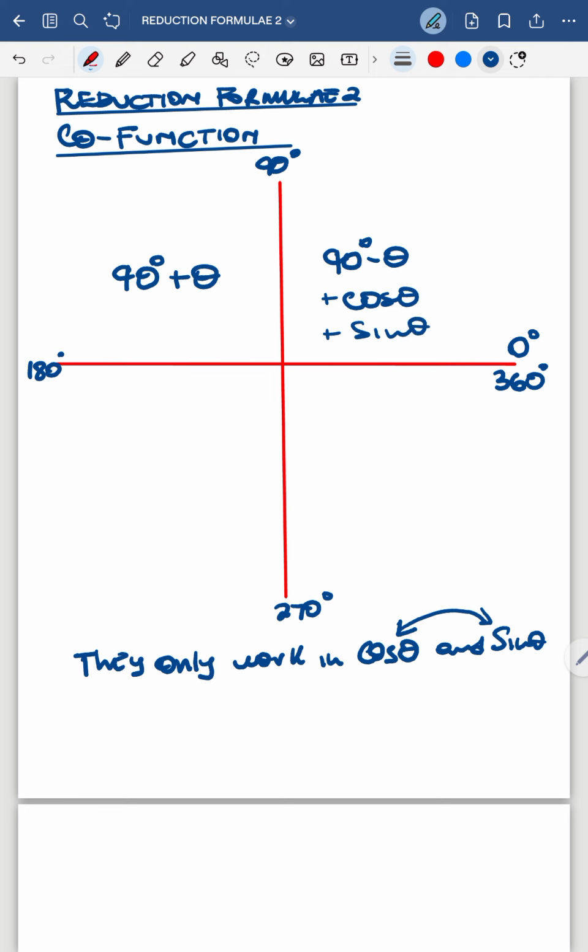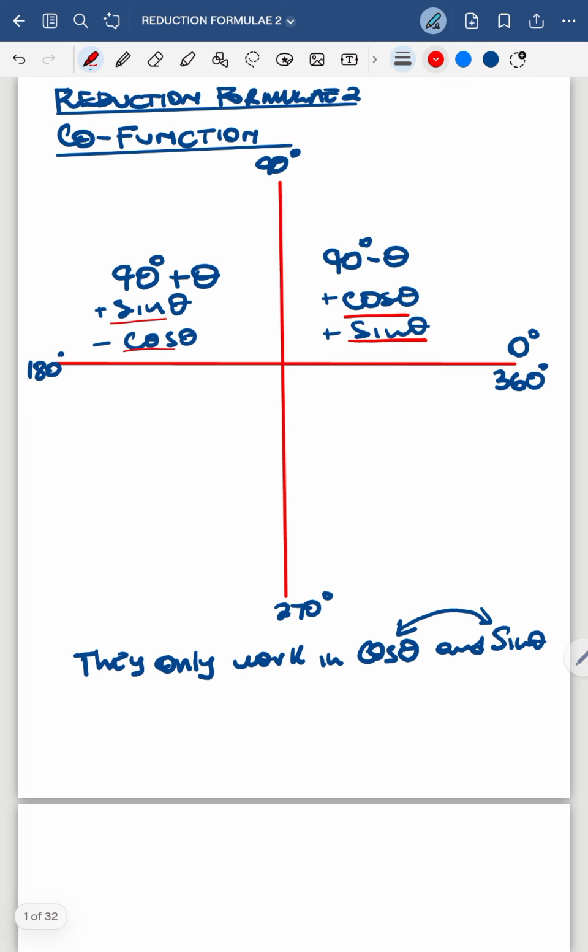Cosine is positive and sine is positive. Then when we come to this one, only sine theta is positive, but cosine theta is negative. So that's what you must know.